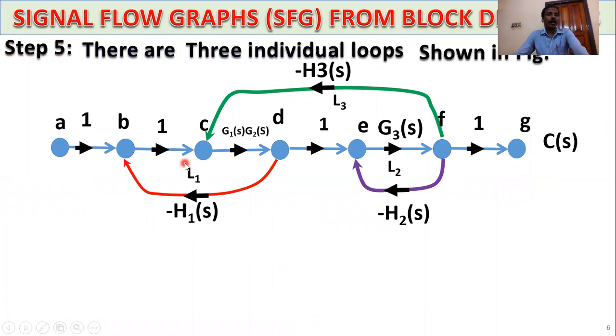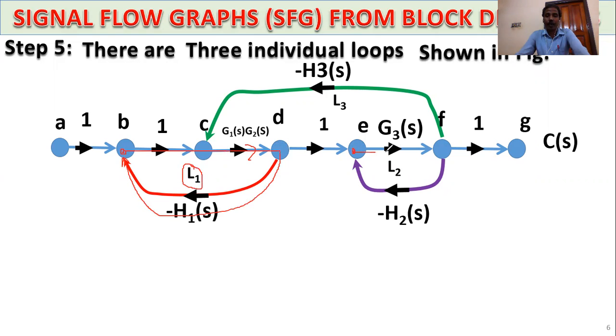So next, step number 5. There are 3 individual loops. Total number of individual loops: this is the starting point, this is the forward direction, and again return to the same point. So this is a loop, the L1 loop.